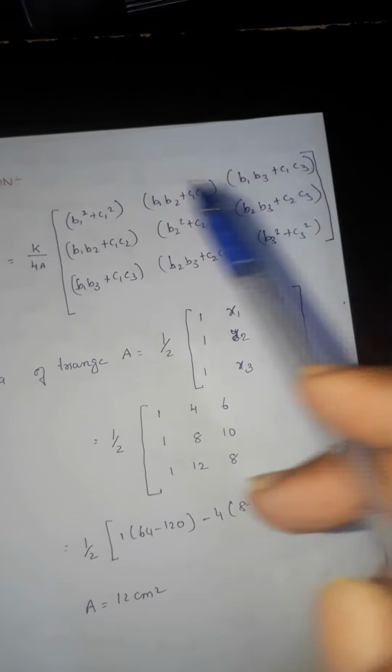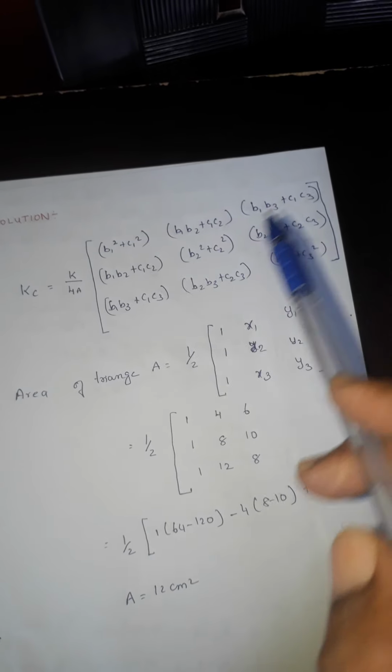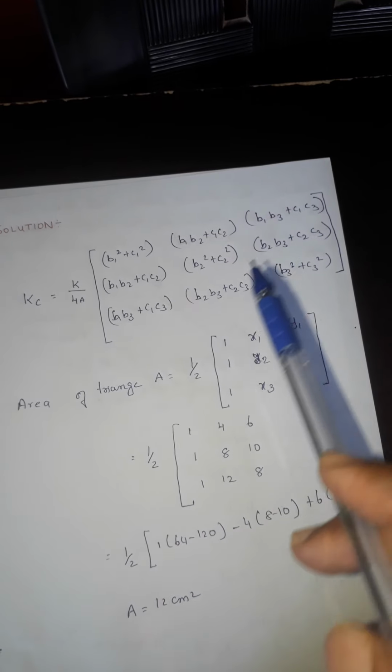So this way it goes. See here the diagonal: B1 square plus C1 square, B2 square plus C2 square, B3. So the diagonal are the squares. And this element will be the same here, and this element and this element will be the same, and this element and this element and this element are the same.